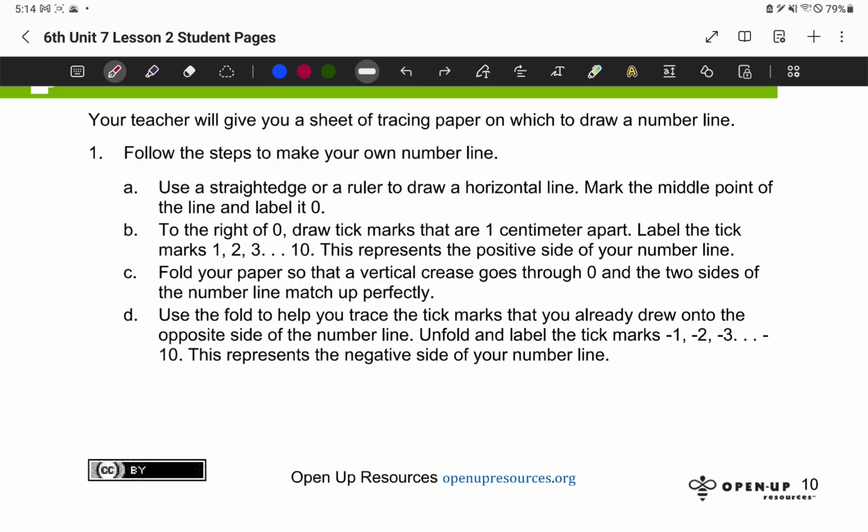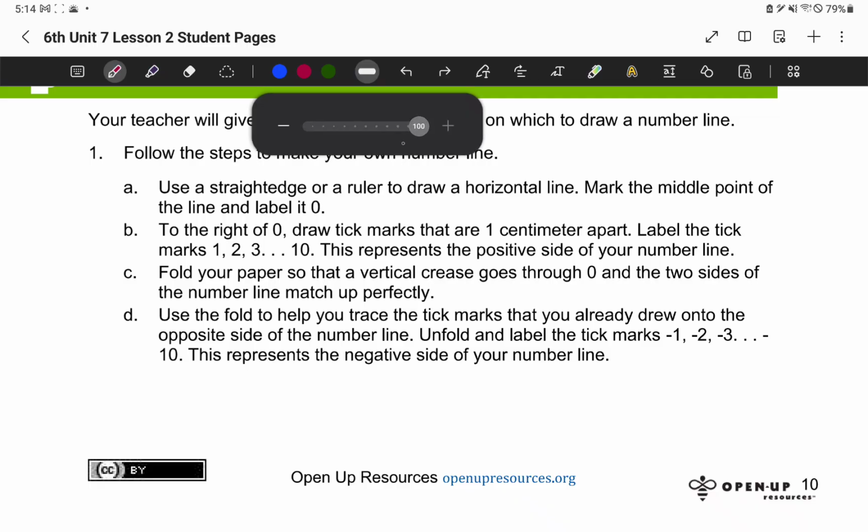I was hoping it would make a straight line. All right, let's see. Do I have a straight line tool?